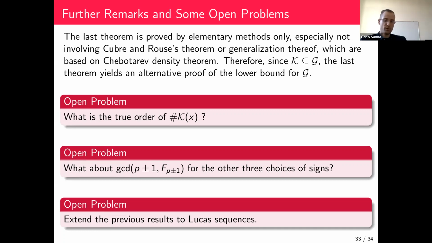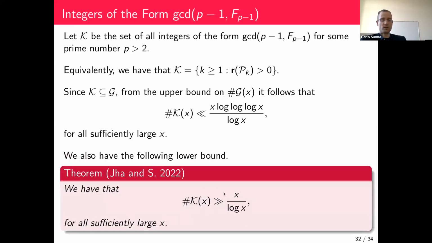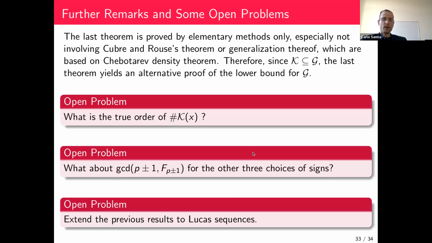So this lower bound can be proved with elementary methods without the Chebotarev theorem. And since, as I mentioned before, K is a subset of G, from the lower bound of K we also get the lower bound of G. So essentially we found an alternative proof which uses only elementary methods for the lower bound of G.